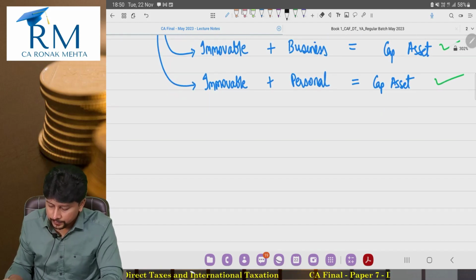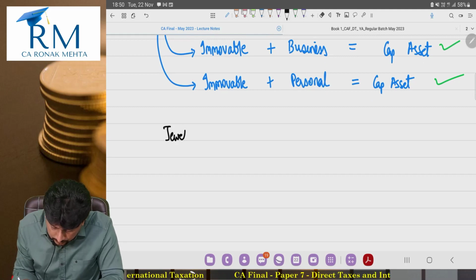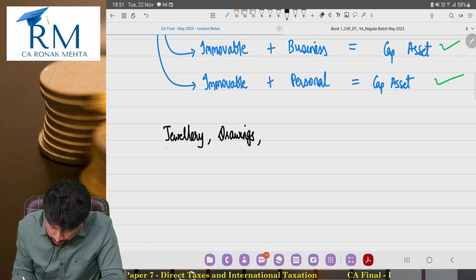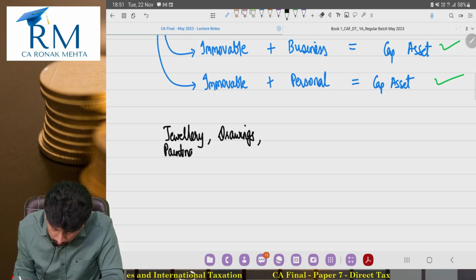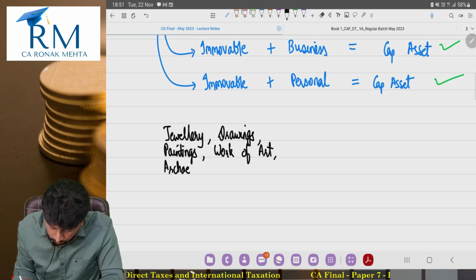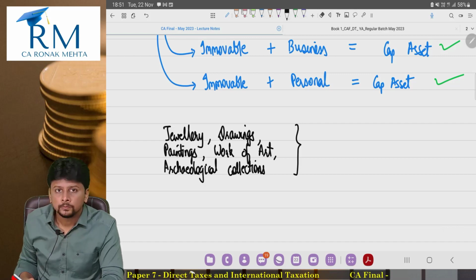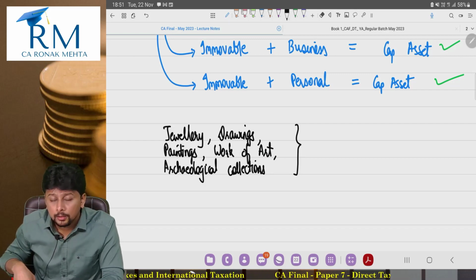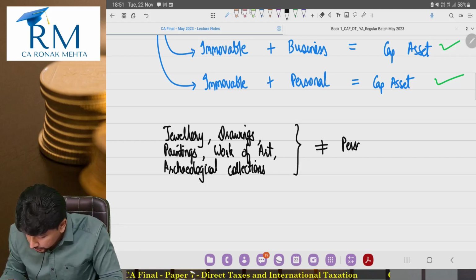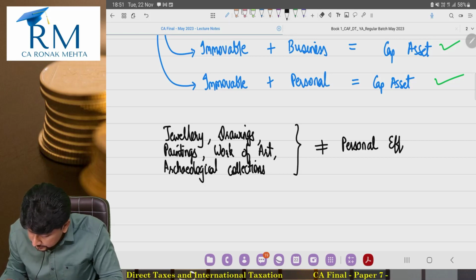But it says, something like jewelry, drawings, paintings, any work of art, any archaeological collection, sculptures, all these, although they are movable, although they are held for personal use, they are not considered as personal effects.